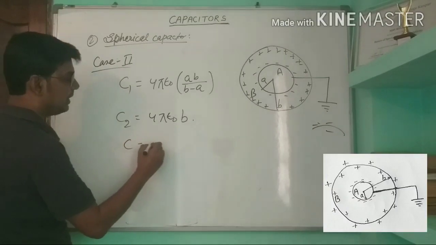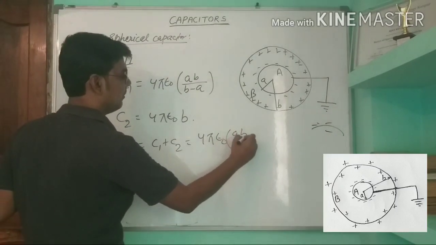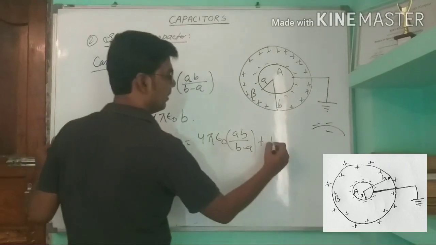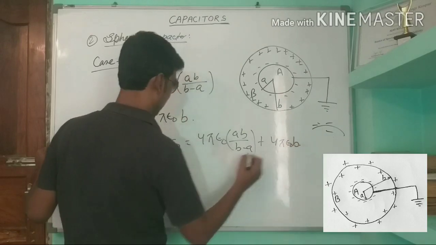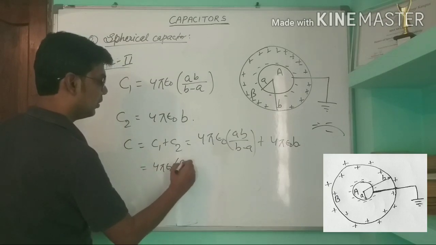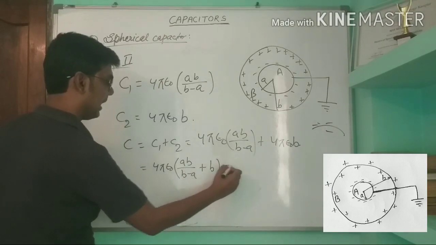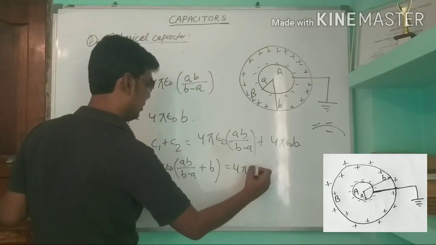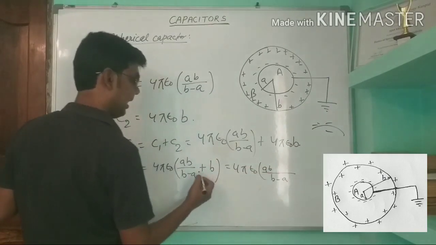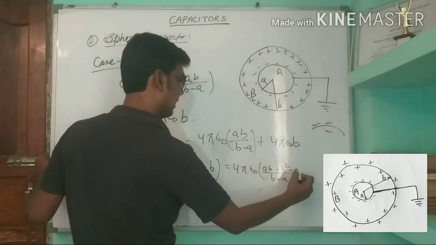So total capacitance C will be C1 plus C2. So 4 pi epsilon 0 AB upon B minus A plus this 4 pi epsilon 0 into B. So 4 pi epsilon 0 taken out, AB upon B minus A plus B. So that is 4 pi epsilon 0, LCM is B minus A. So it will be AB and B into B minus A, so it will be plus B square minus AB.